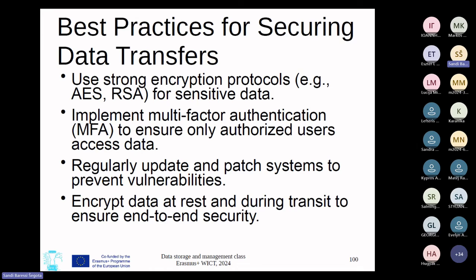When it comes to factors, there are three factors that you can have: something that you know, something that you have, and something that you are. Something that you know is a password or a PIN or a secret web address that you are accessing. Something that you have is, for example, a USB key that you plug in and it verifies, a certificate stored on your computer or device, or your phone that you have access to.